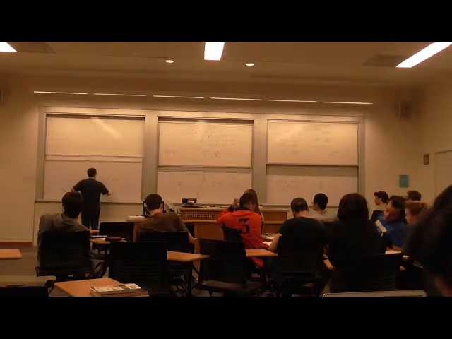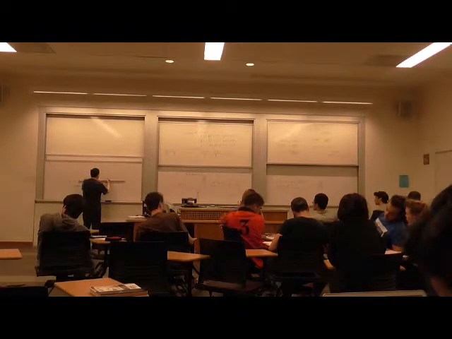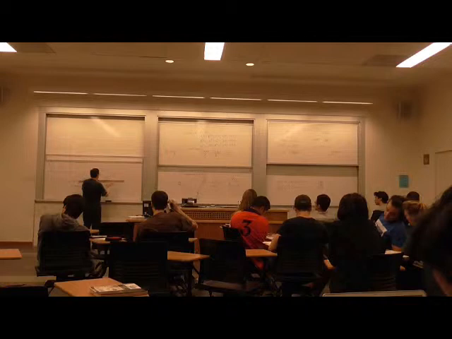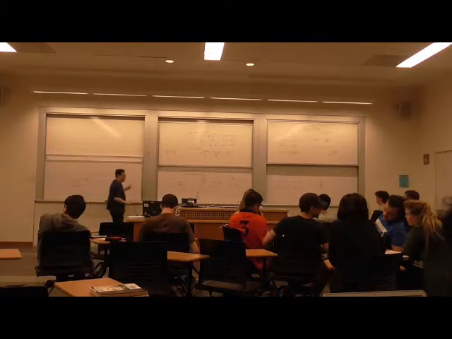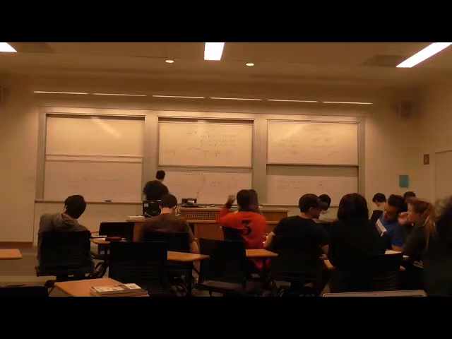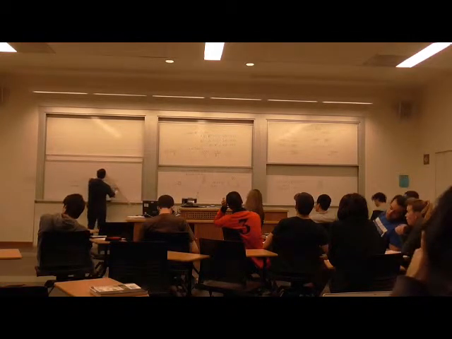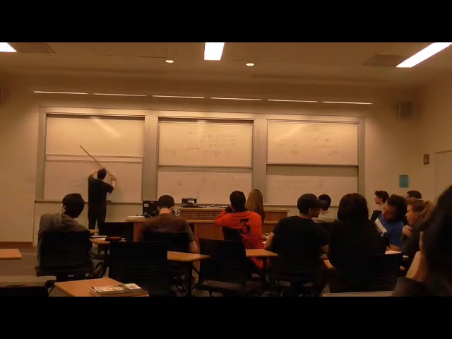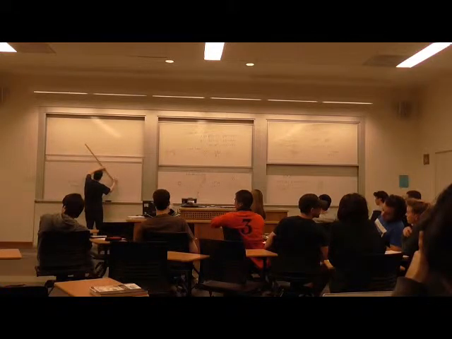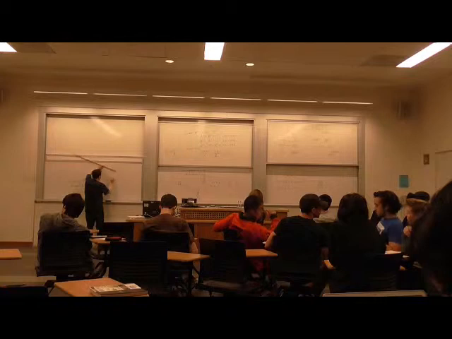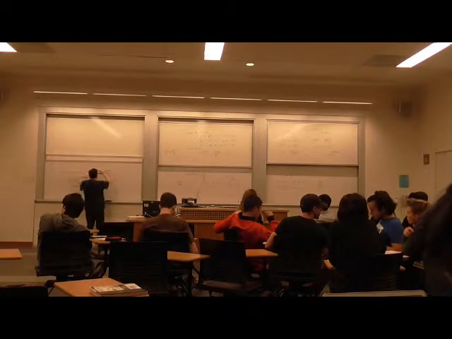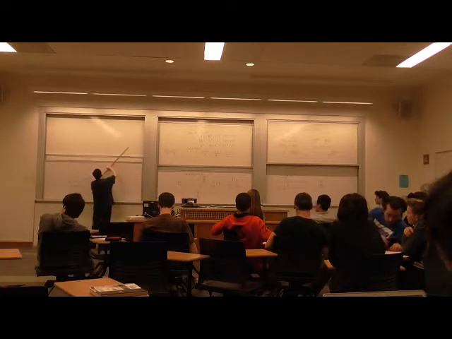And now, this can go on forever. You don't know how long this is yet. So now, what was the other side? 5. So I want 10. Where's 10 here? So that's 10.